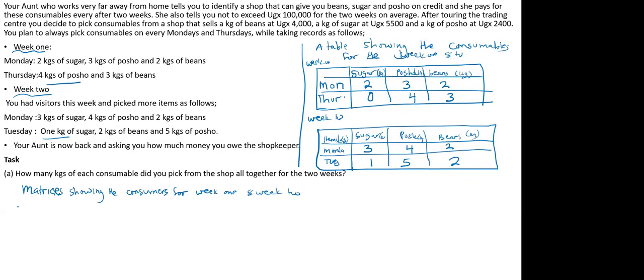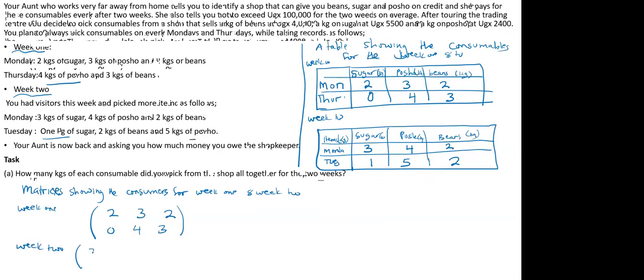So I'll come and say week 1 consumables, I'll have 2, 3, 2, 0, 4, 3. Then I'll go to week 2. Week 2 consumables, I extract 3, 1, 4, 5, 2, 2.